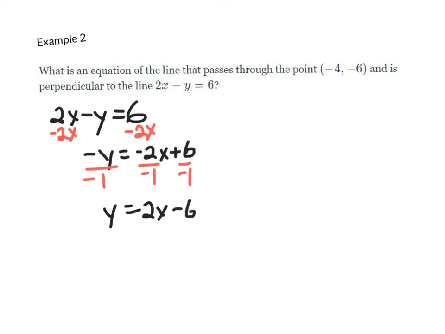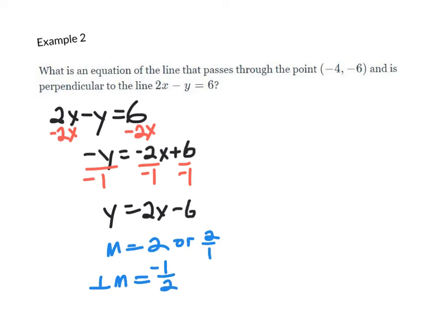And we need a line with a slope that is perpendicular to y equals 2x minus 6. So if the slope is 2, which is the same as 2 over 1, then the perpendicular slope would be 1 over 2, and then it's the opposite.